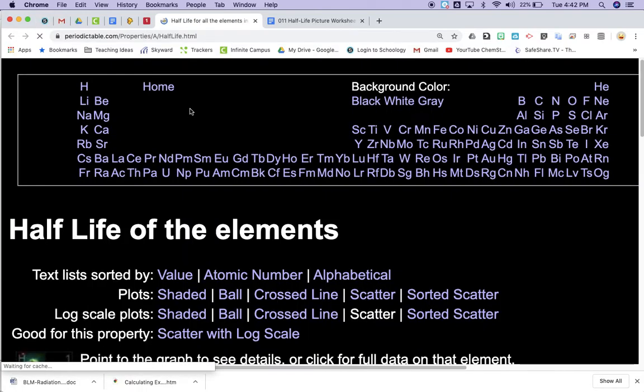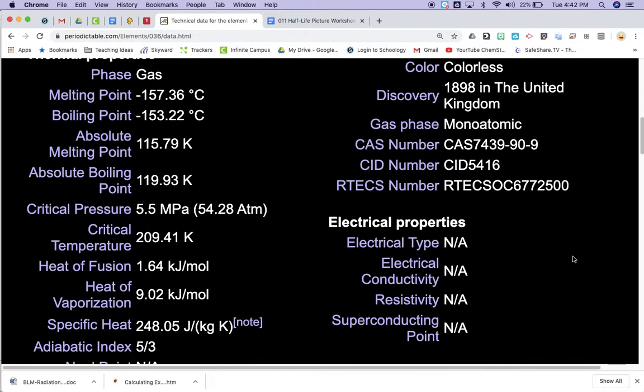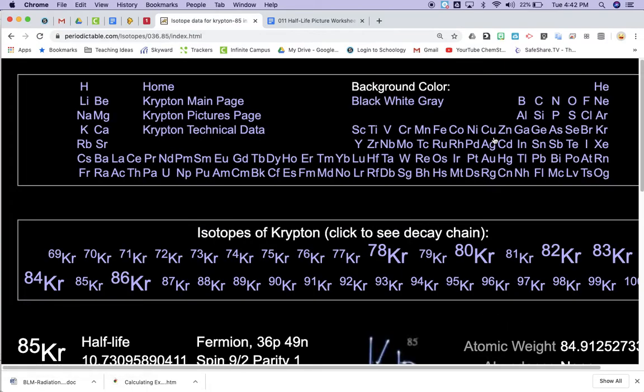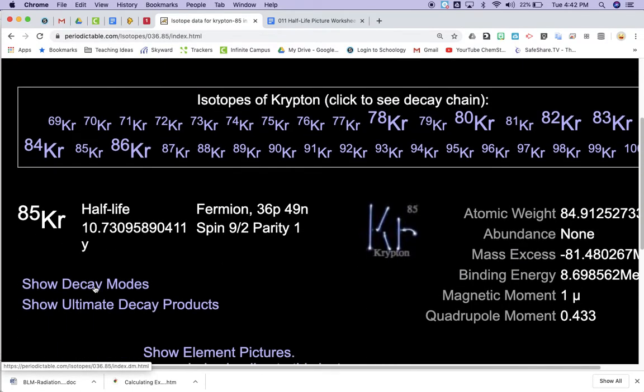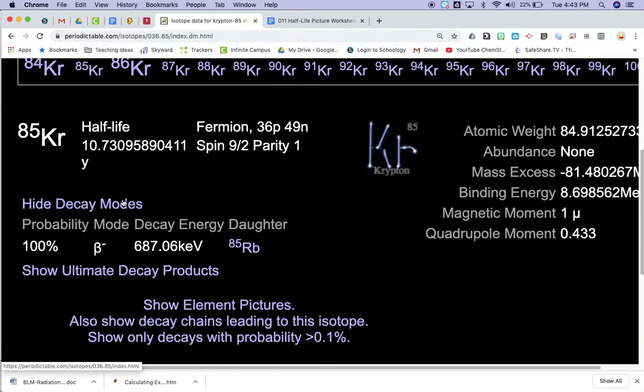And you have to click there to actually leave Schoology. It brings you to a periodic table. I want to look up information about krypton, and I scroll down here to the bottom where we have the specific isotopes, and I want Krypton 85. And by clicking on decay modes, I can see both the half-life and its mode of decay.